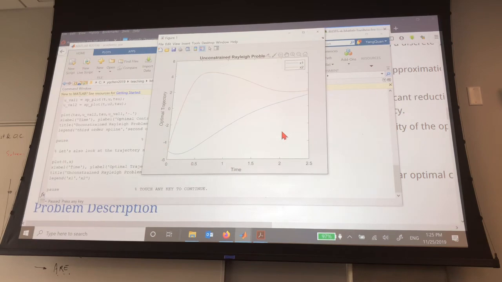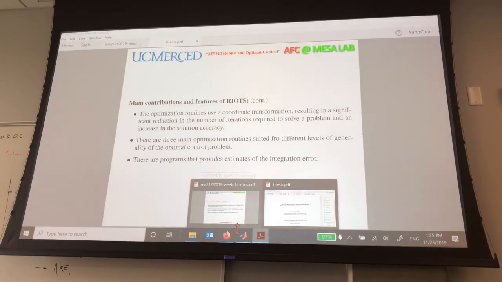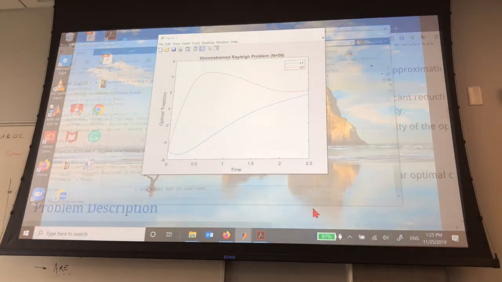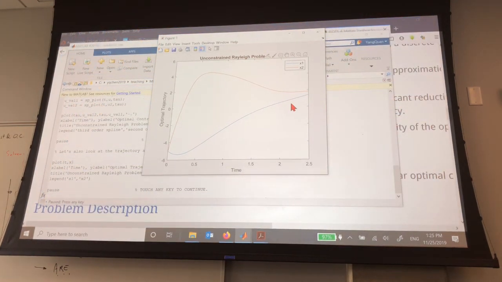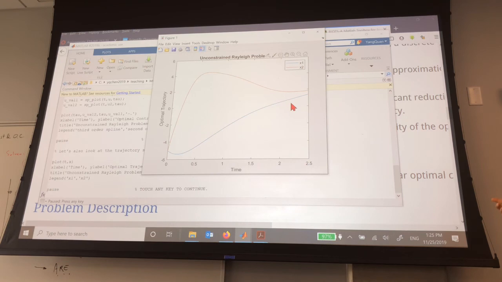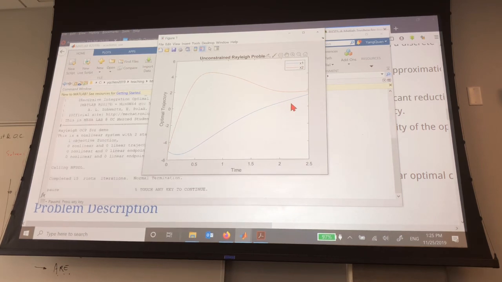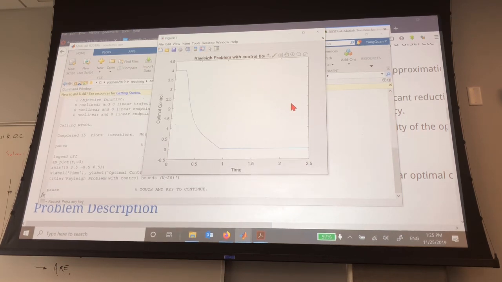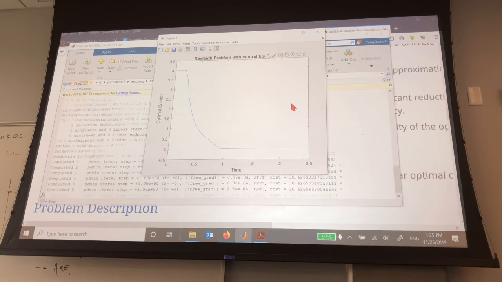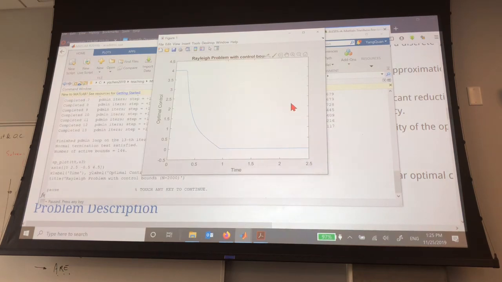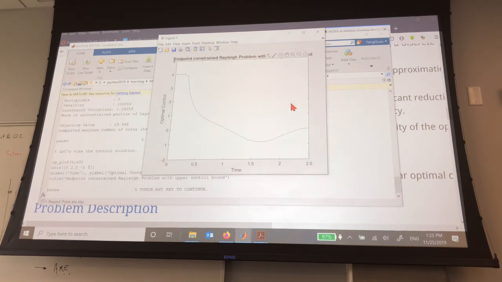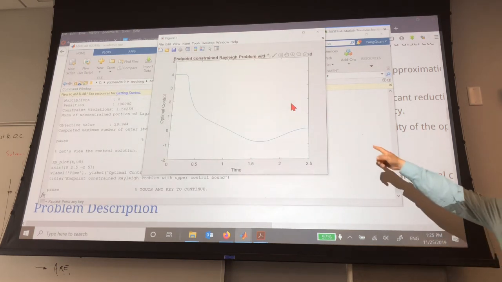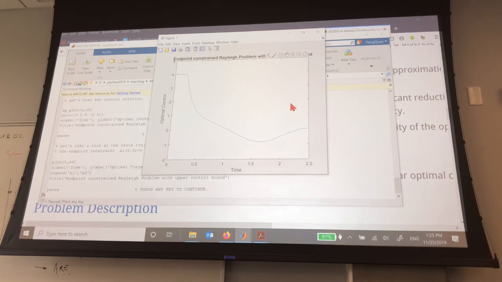And you can add, so these are unconstrained or unconstrained. And then I want to add bound of control, and I control bound, and add terminal constraints. So the terminal constraints add to 0 in here, and here endpoint constraints.